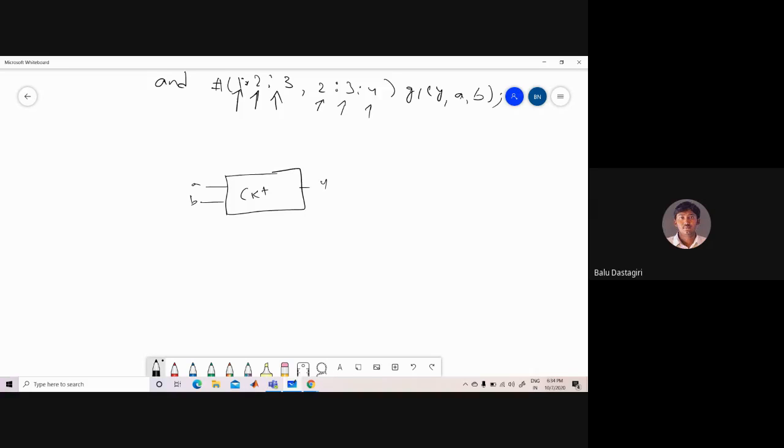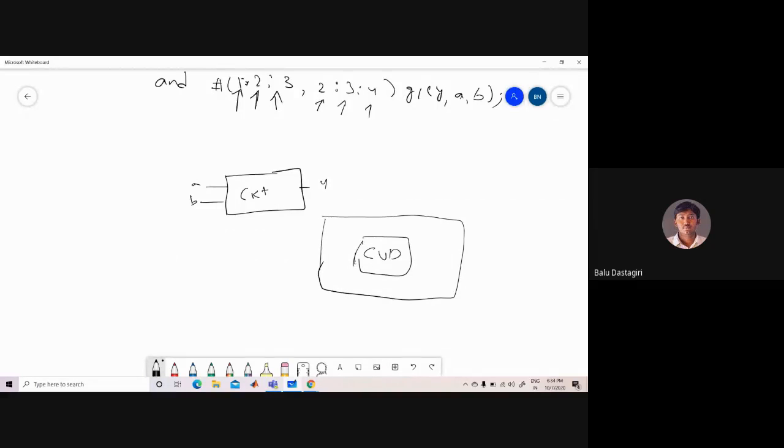Whatever inputs we want to give, the total test cases, we can write in terms of a test bench program, and we can assign this test bench program to this circuit. That means the CUD, the circuit under design. For this circuit under design, we have to write the test bench.